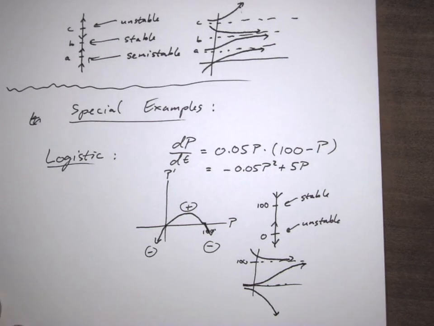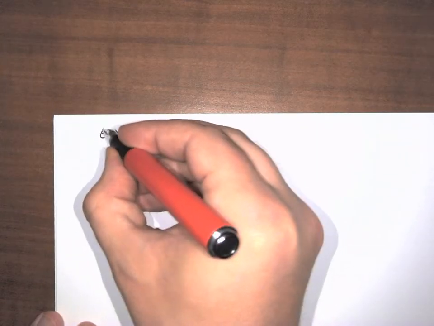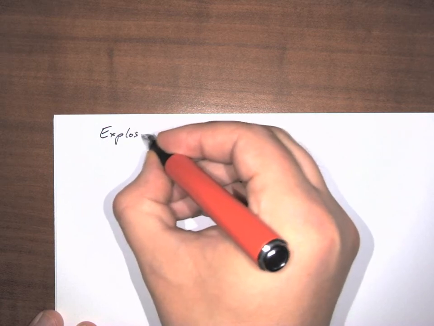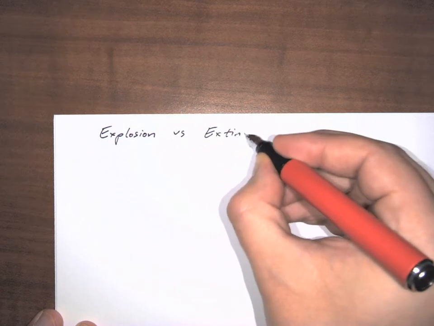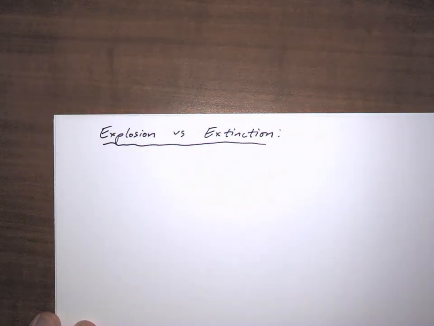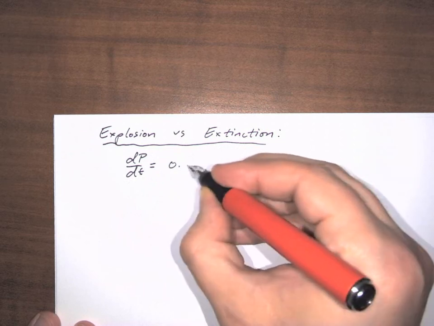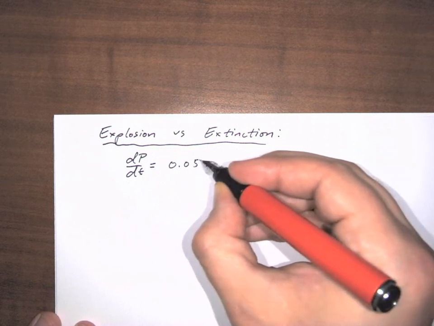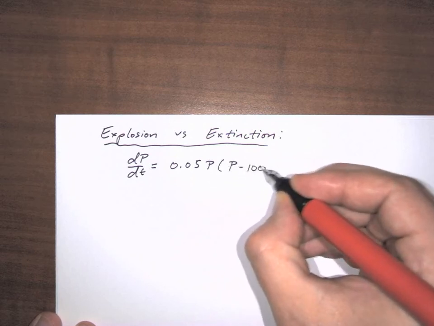Now, let's look instead at the explosion versus extinction model, which has a very similar equation, but with a slight twist. So explosion versus extinction, now dp dt could be something like 0.05 p times p minus 100.